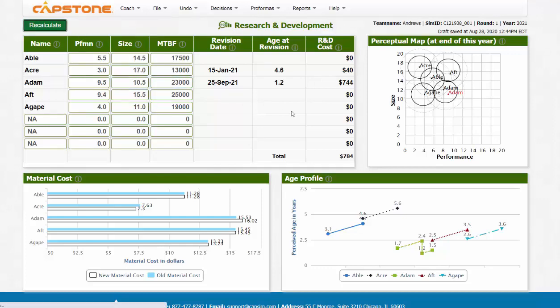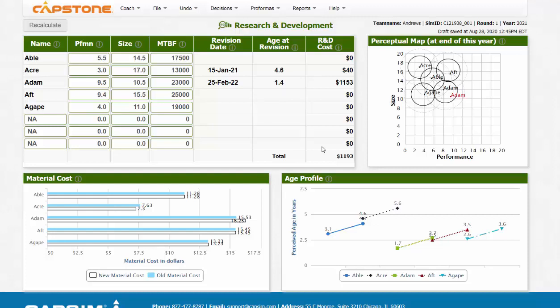When we recalculate, we can now see that this change is so big that our product will not be able to launch in the next year. Rather, it launches a year and 2 months from today. If we decide to keep this as is, we will not be able to make changes to Atom in R&D next year because it will still be in R&D for the changes that we've put in this year.